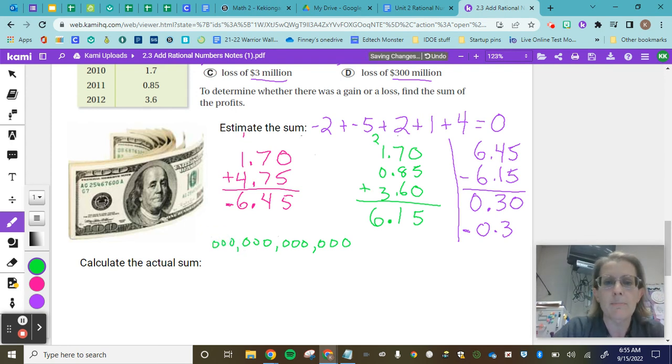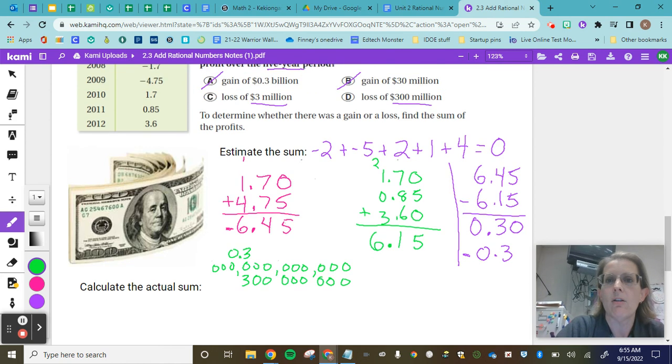So 0.3 billion, the 3 is going to be right here. And then if I put in zeros, because this one right here is 1 billion. So if it was 0.3 billion, the 3 is going to be in the 1 millionths place. So I can see that it's actually 3 million is the same thing as 0.3 billion. So the answer is D. They had a loss of 3 million.